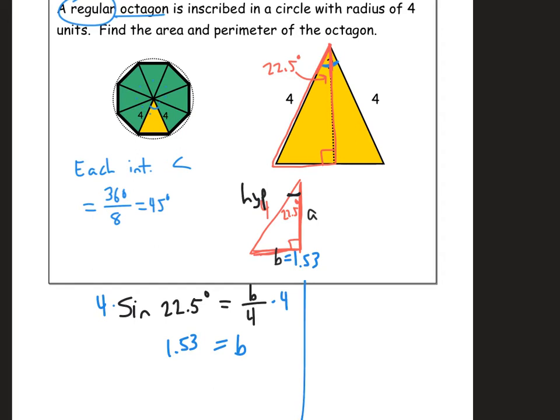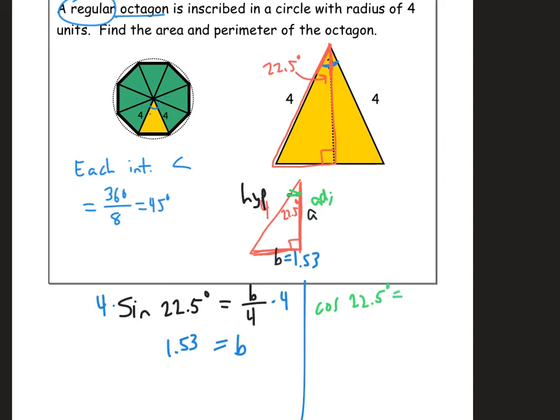Similarly, I can find A. Once you've found B, you could use the Pythagorean Theorem if you really wanted to, but I'm just going to use trig because I think it's a little quicker. To find A, which is the adjacent side, the cosine is adjacent over hypotenuse.